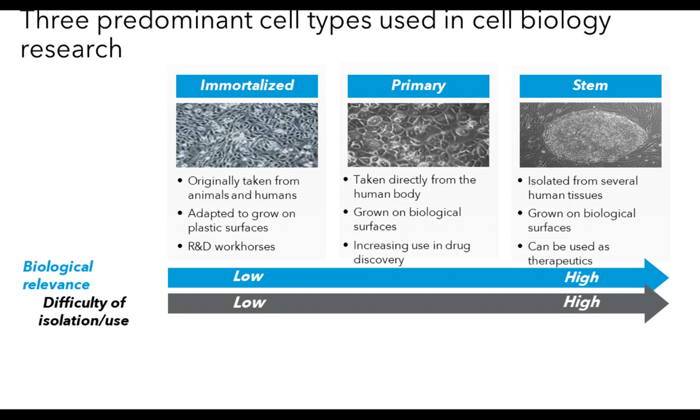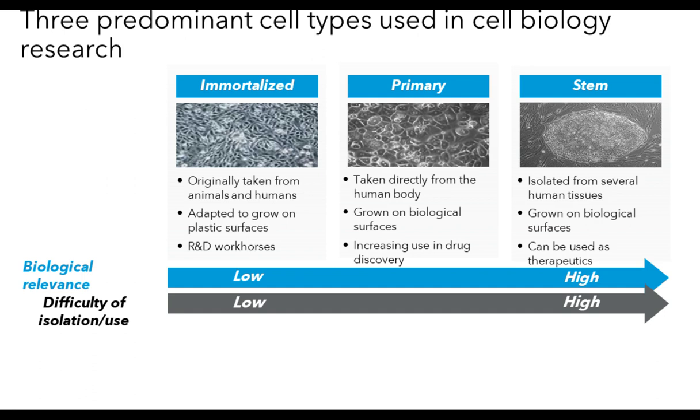for many R&D labs. The other major cell line type are primary cells, which are taken directly from the human body. They're often grown on biological surfaces, and they are increasing in their use in drug discovery. The major reason, of course, is that they can be taken directly from the patient, and as a result of that, they have the ability to carry many of the disease characteristics on board, such that you can start to look at drug action there.